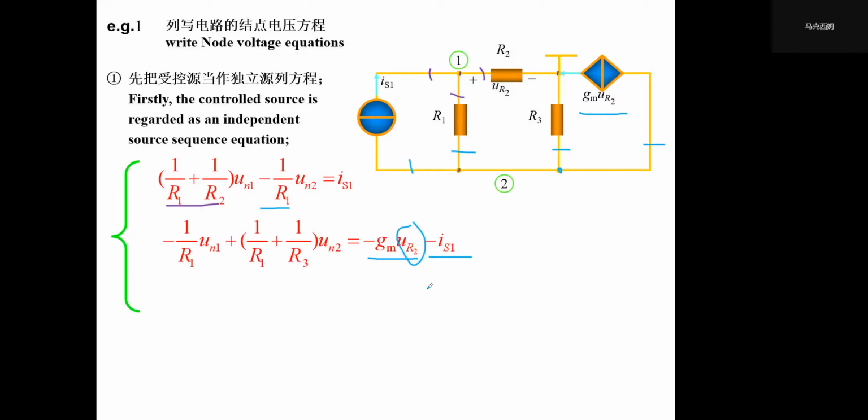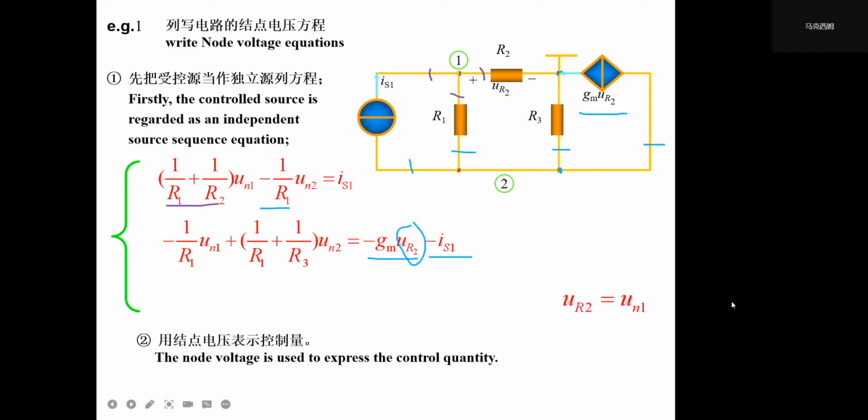UR1 is simple. Since we select this point to be ground zero, UR1 equals to the node voltage. So we can replace this UR1 with that. Then you have two equations for two unknown variables.